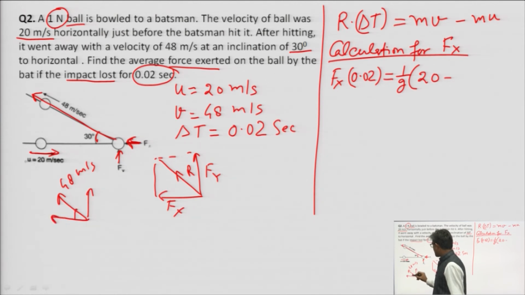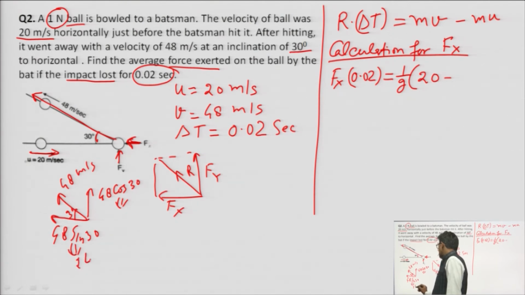Since this angle is 30 degrees, this component is 48 cos 30 and this component is 48 sin 30. So, it is 24, and this value, let me calculate 48 cos 30.